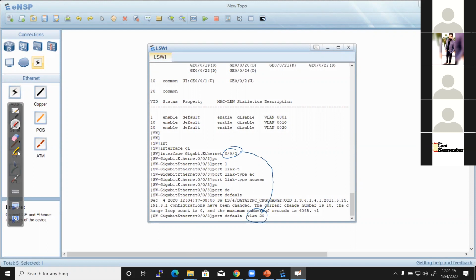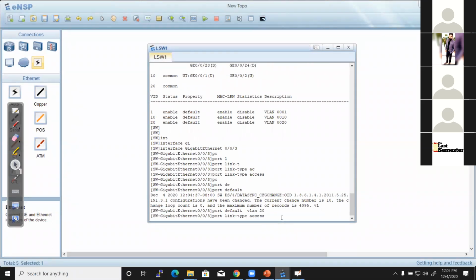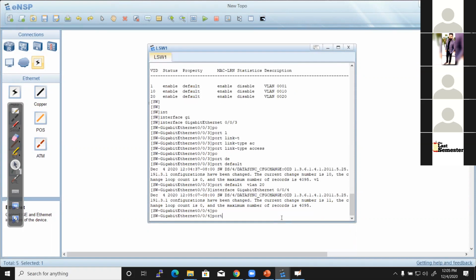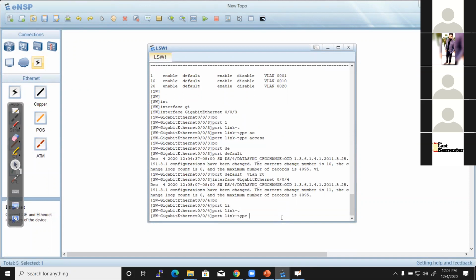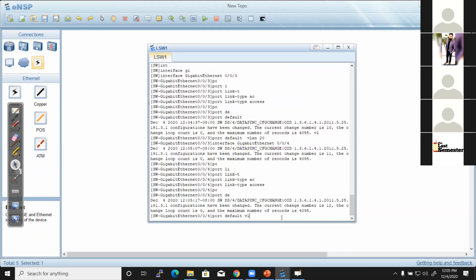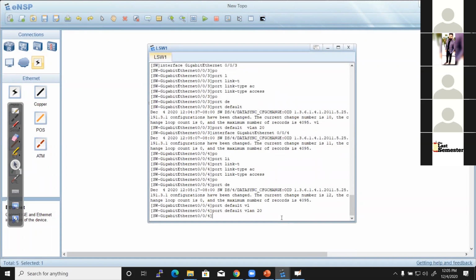The same thing we need to do for port number 4. So let me jump into port 4, and then I say port link-type access and port default vlan 20, and that's it.